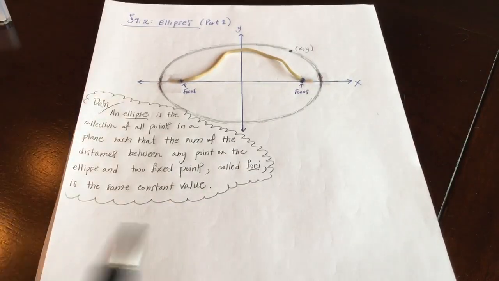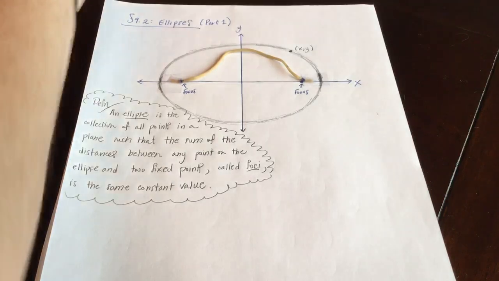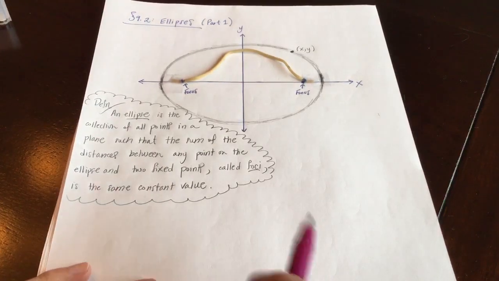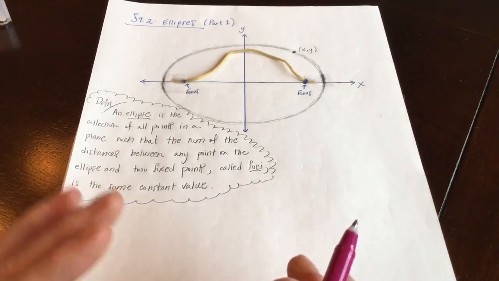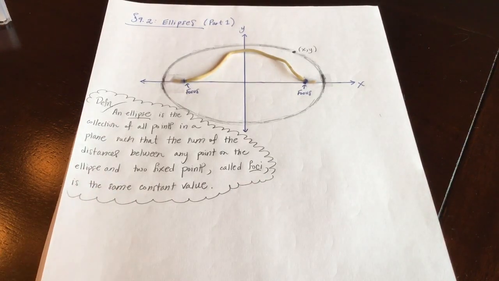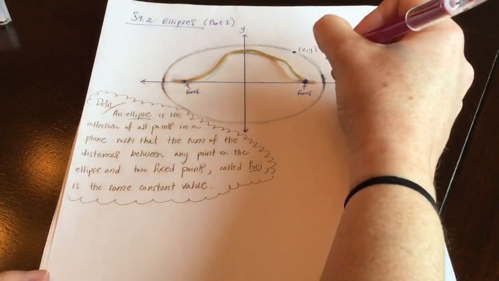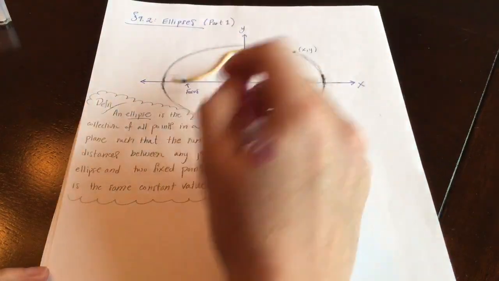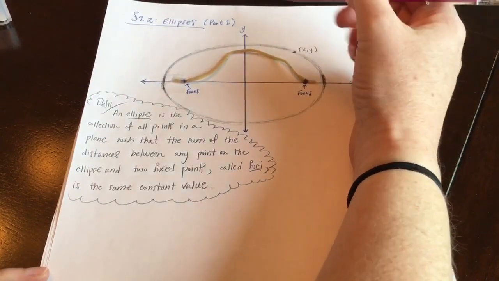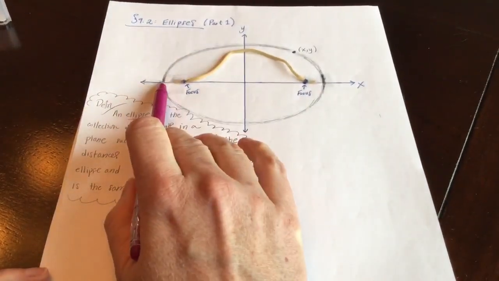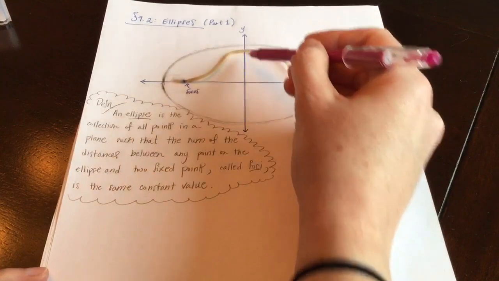Okay, so let's talk about, we're going to have some important things to point out, but first let's talk about the anatomy of an ellipse. Let's see, first of all, an ellipse will have two axes of symmetry. You can see it'll have a longer one and then a shorter one.